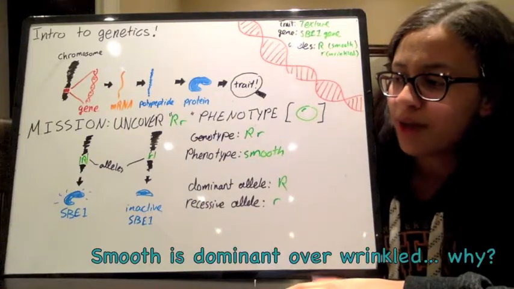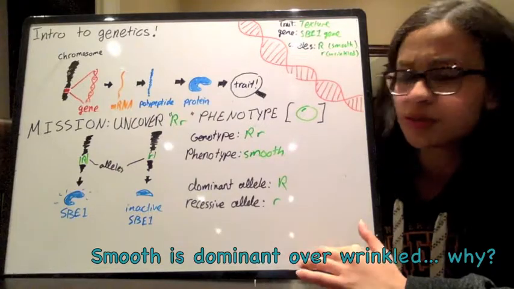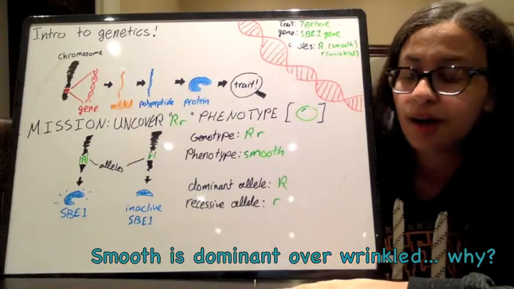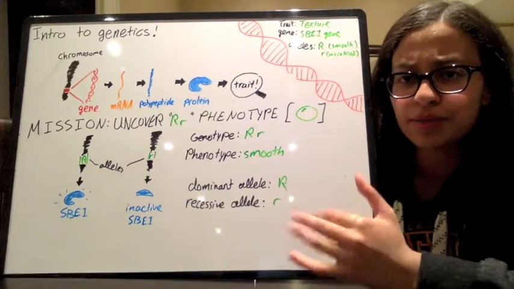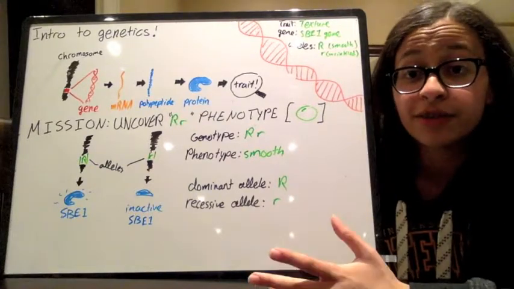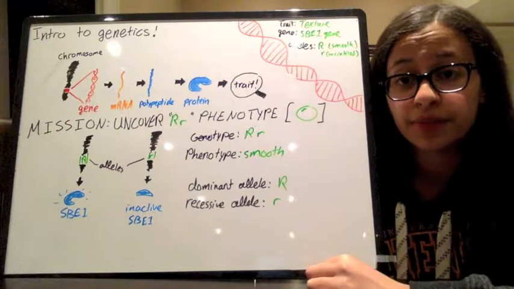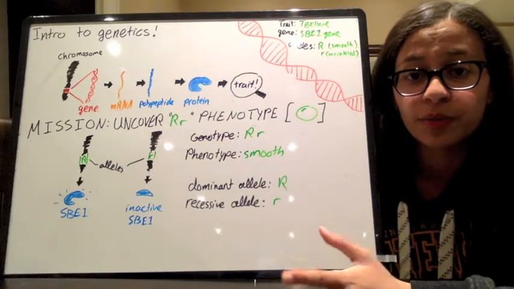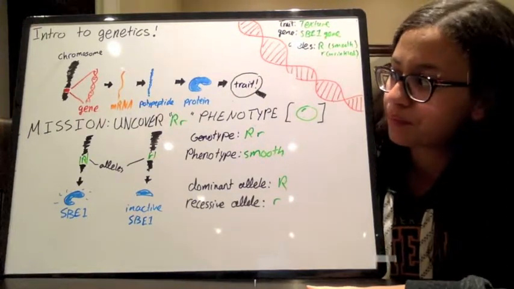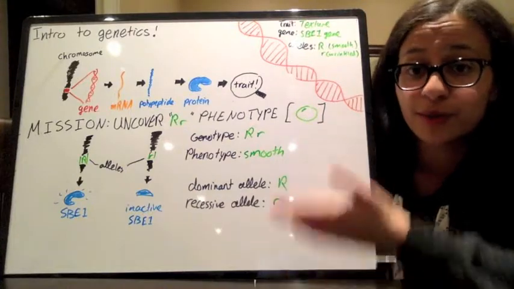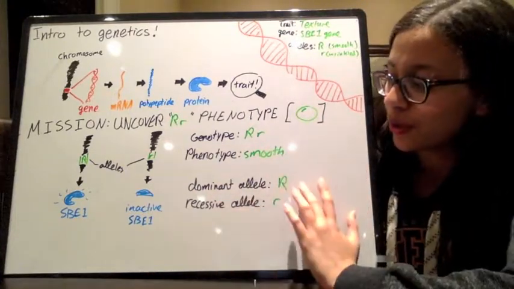So how did we figure out that smooth is dominant over wrinkled? Well, if you remember the beginning of this video, the definition of a dominant allele is an allele whose phenotype is expressed or observable in a heterozygote. So this is our heterozygote, which is why we were looking at it, right?